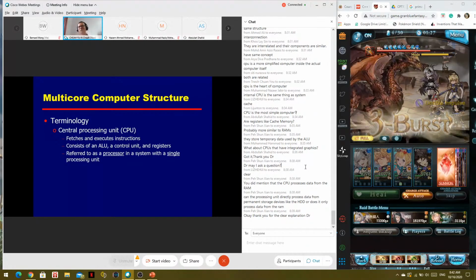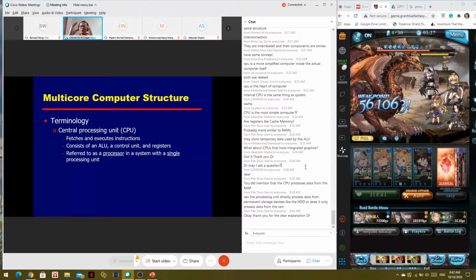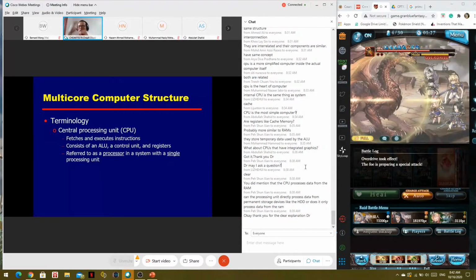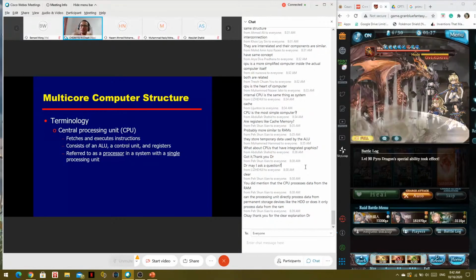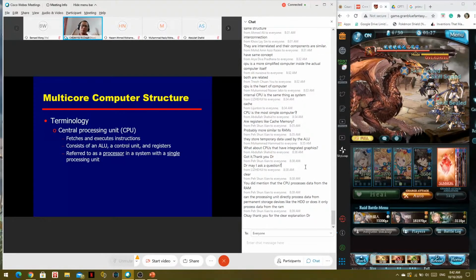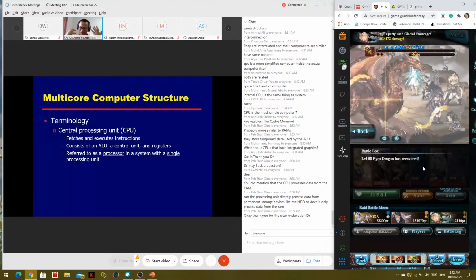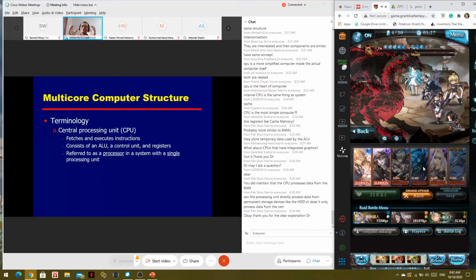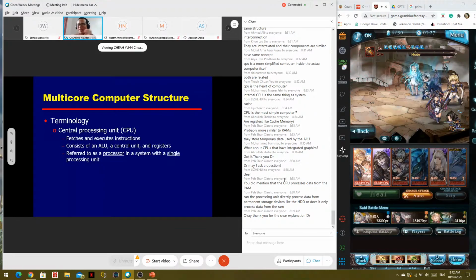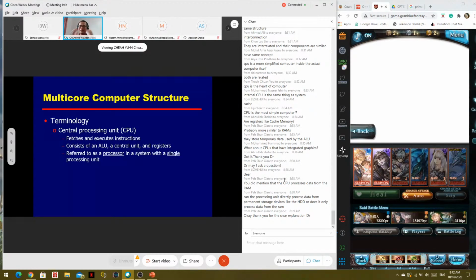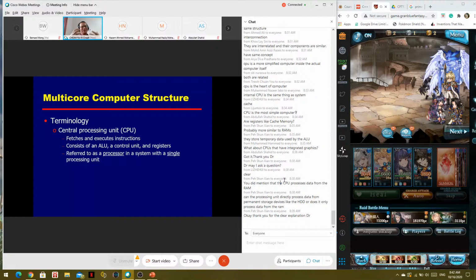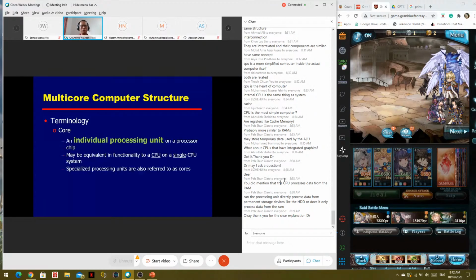So CPU, processor, and processing unit are all the same if everything is single. If you have a single core machine, that is the processor and that is the CPU also.